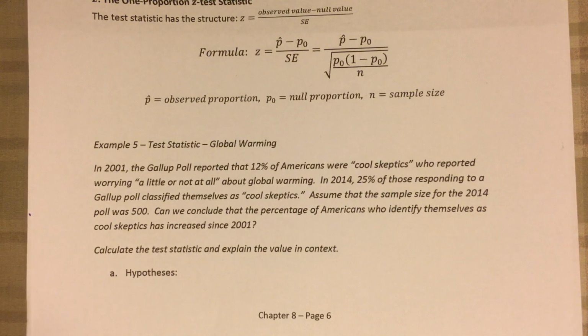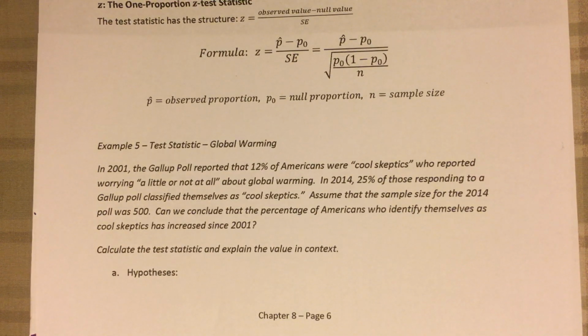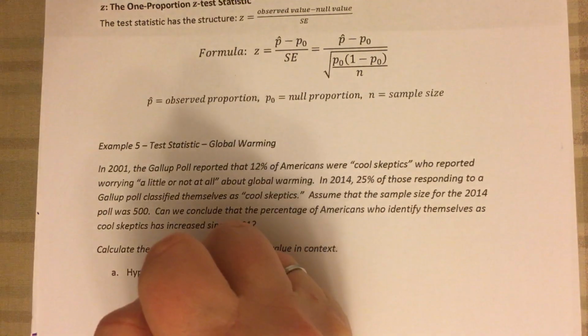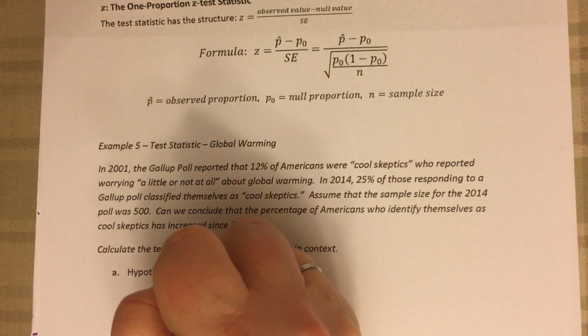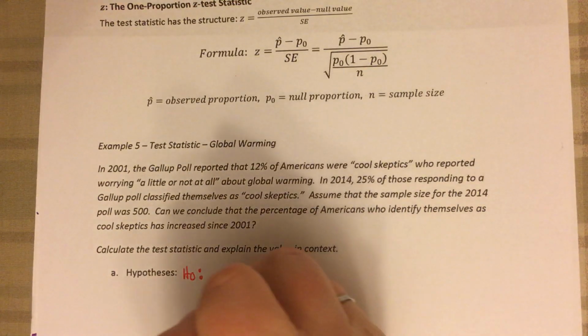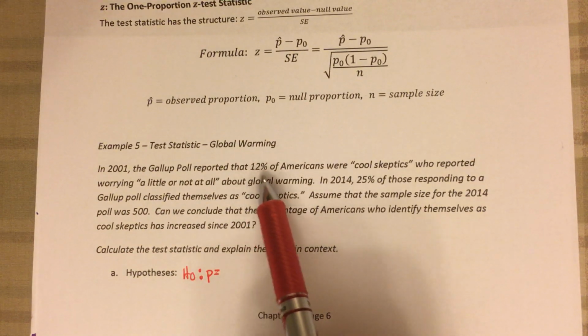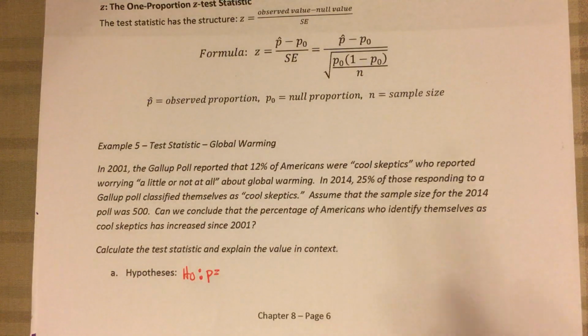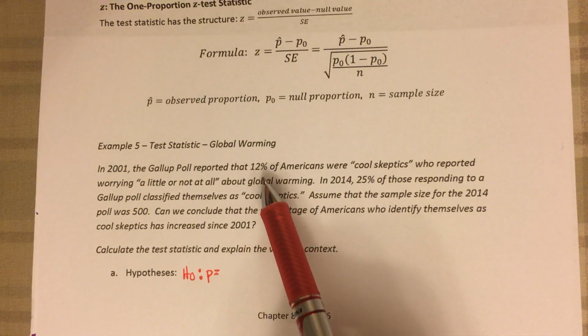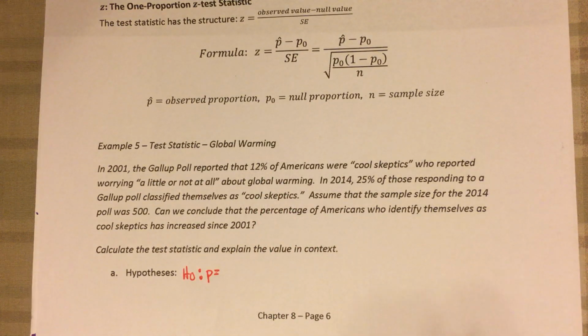So the first thing we're going to do in any of our problems is come up with a pair of hypotheses. Our null hypothesis always has an equal sign. And we're always going to go to the beginning of our problem and look for that p naught value, that original percent. Our original percent is 12% of Americans reported that they were cool skeptics.